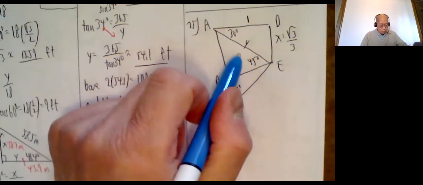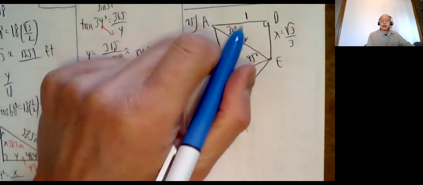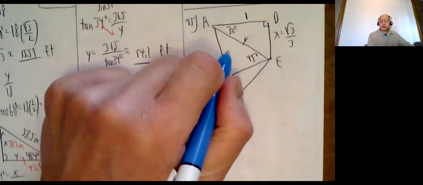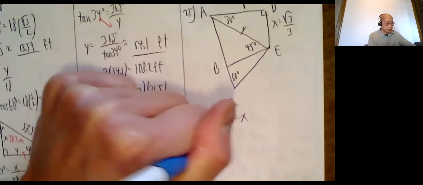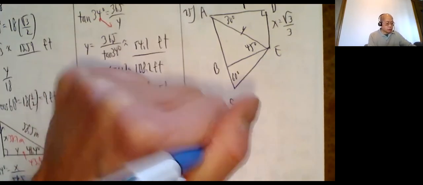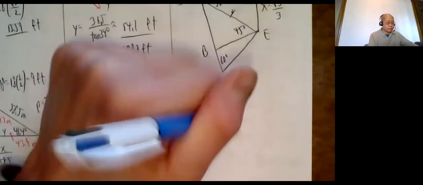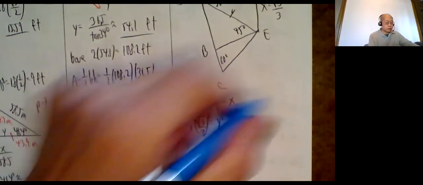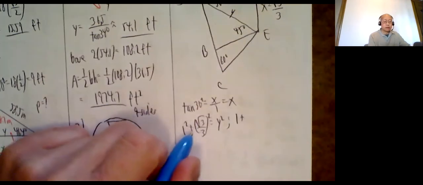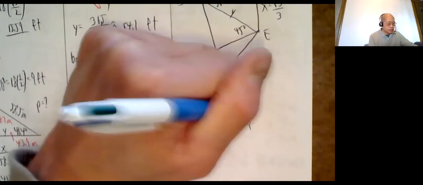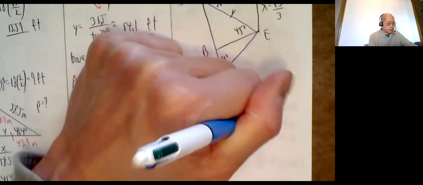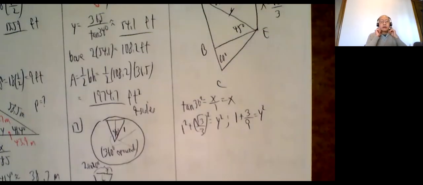How about I'll call this Y? Well, I can now use my Pythagorean theorem, looks like, right? That squared plus that squared is Y squared. 1 squared plus radical 3 over 3 squared equals Y squared. 1 squared is 1. Square root of 3 squared is 3. 3 over 9 equals Y squared.